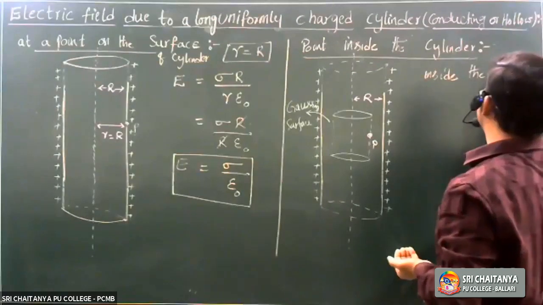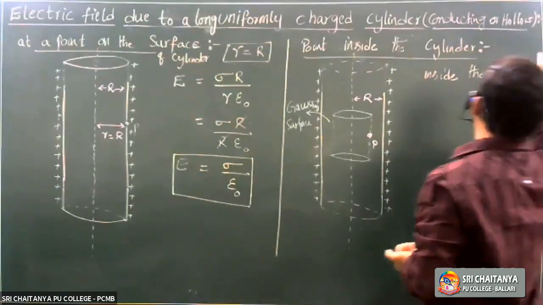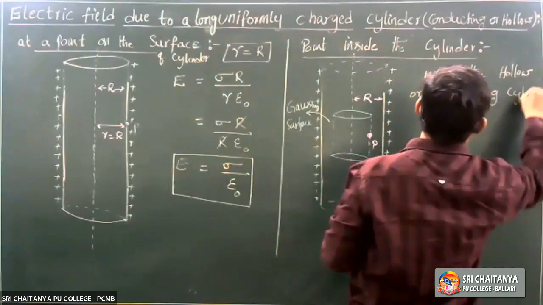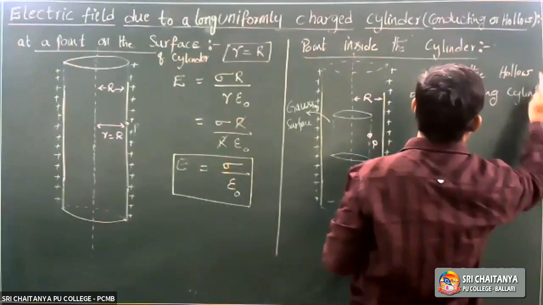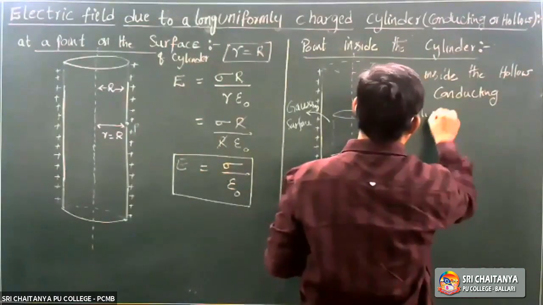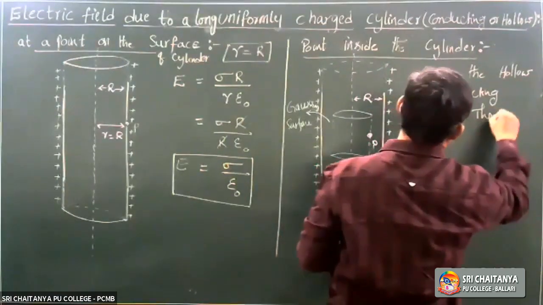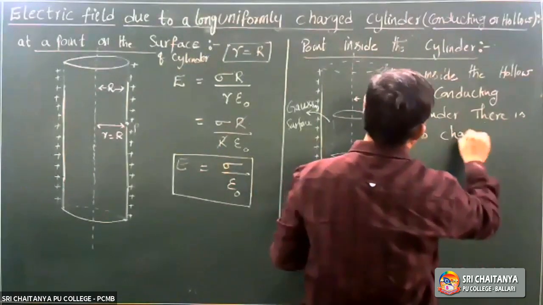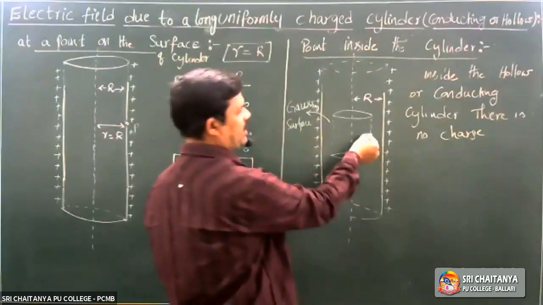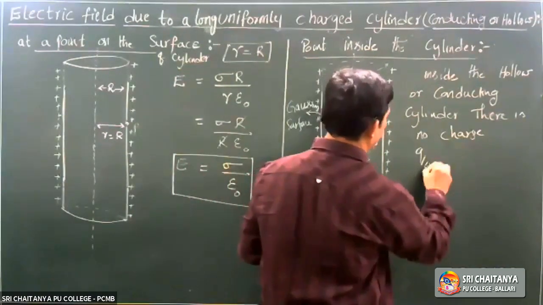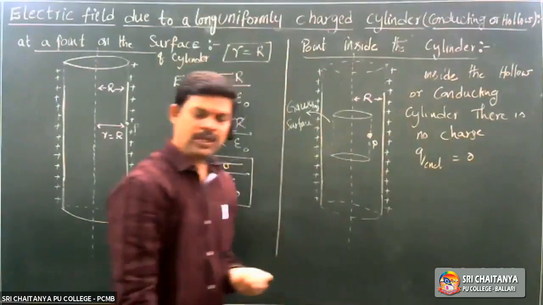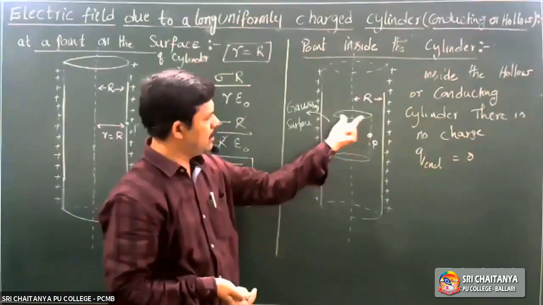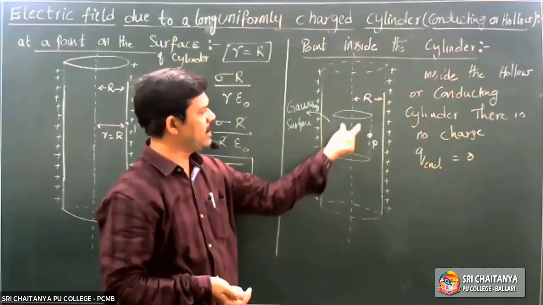Inside the hollow or conducting cylinder, there is no charge. So here the point is taken inside. So what is Q enclosed? Q enclosed is 0, because in this Gaussian surface there is no charge.